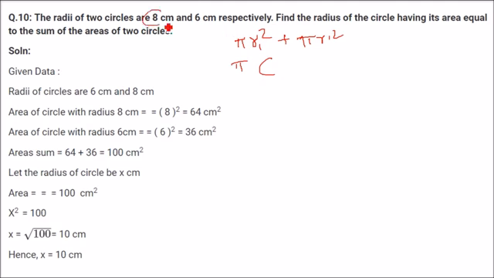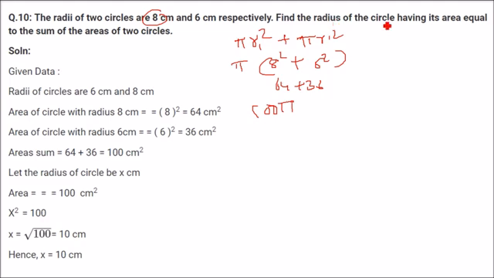You can take pi common: 8 square plus 6 square. 8 square is 64, 6 square is 36. So this is 100. So 100 pi is the sum of the areas of the two circles.